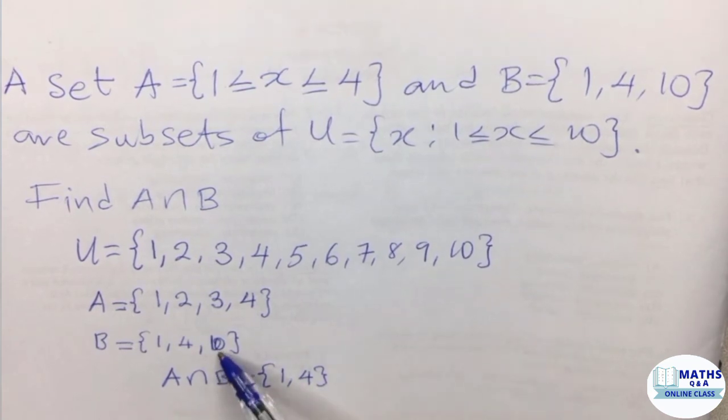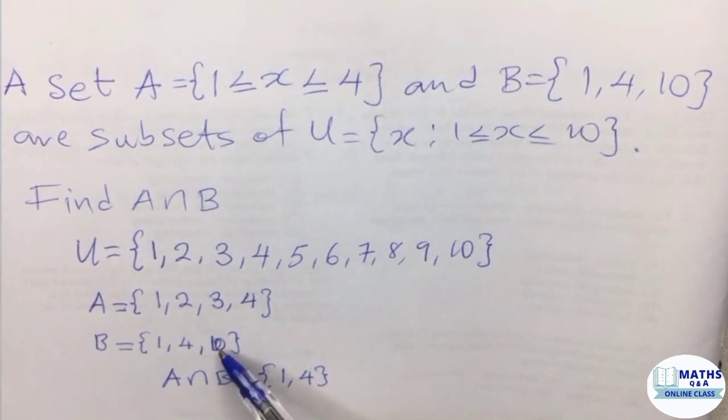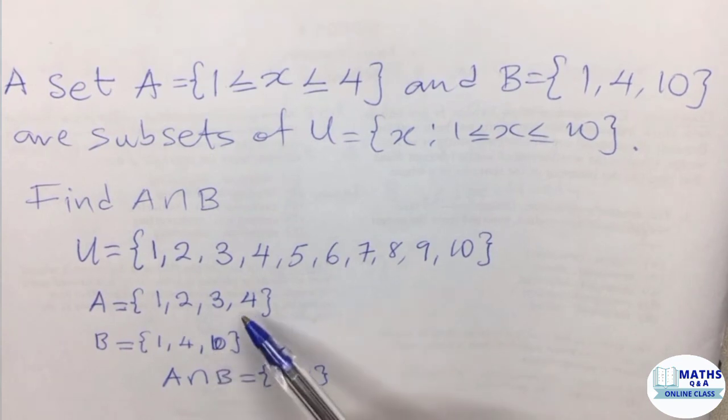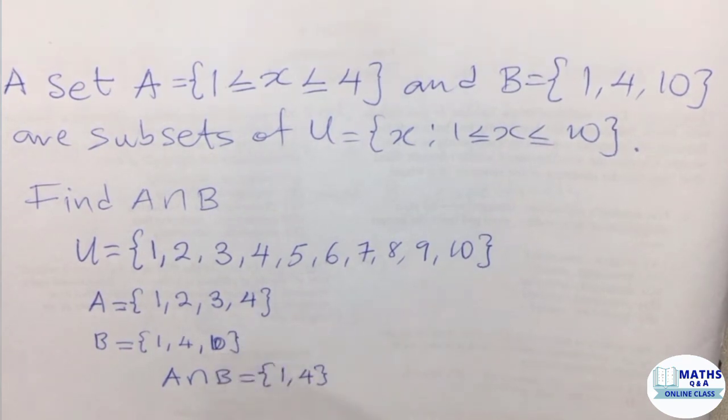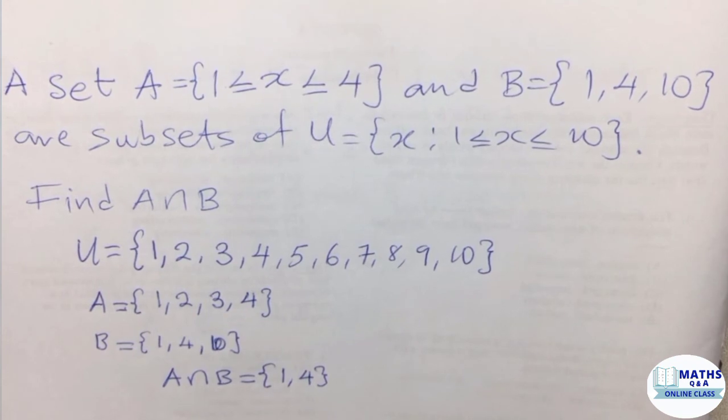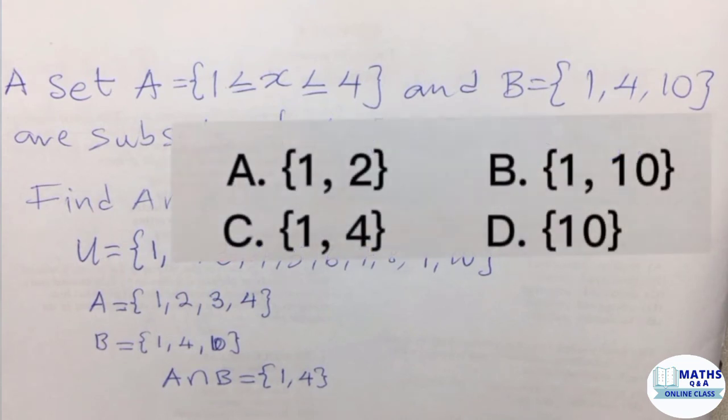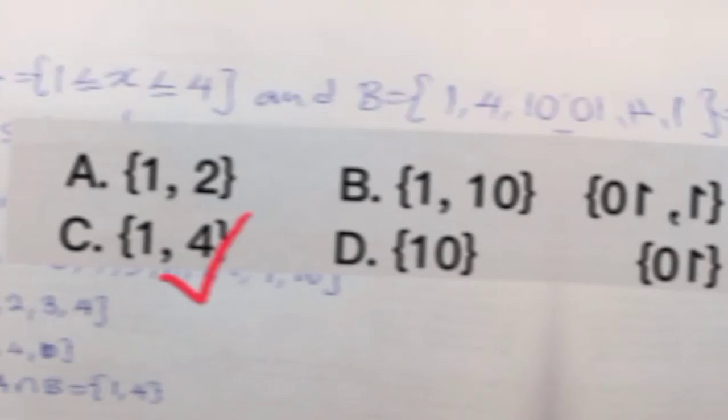Now 10 is not part, because 10 is not common to both the sets A and B. So the elements in the set A intersection B will be 1 and 4. So looking at the options that we have, we can say that C is the correct answer.